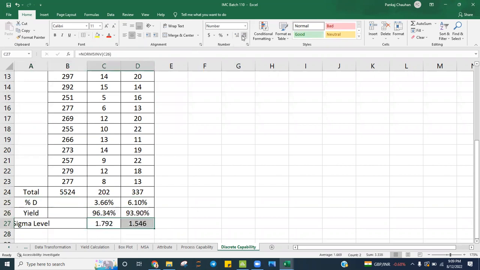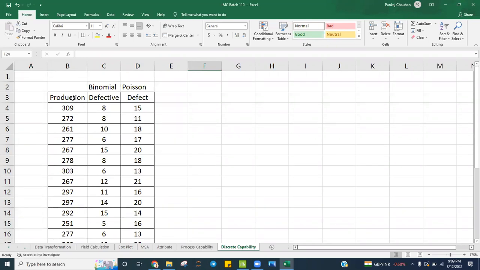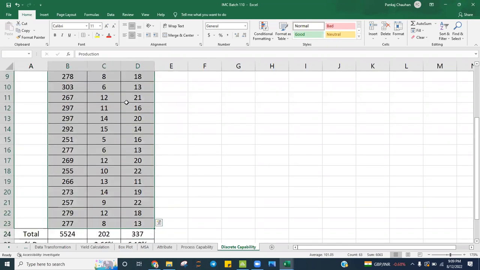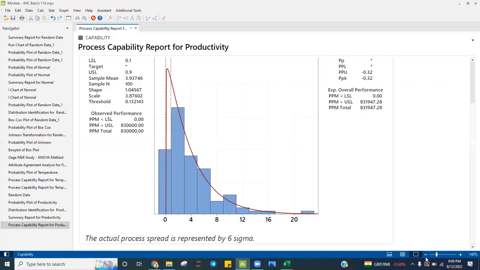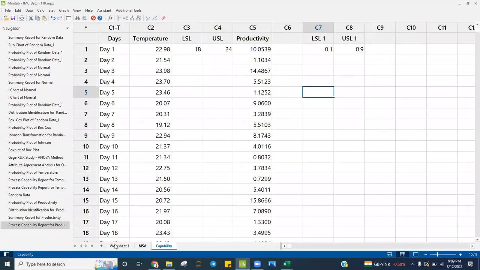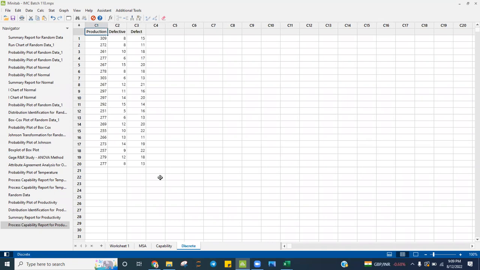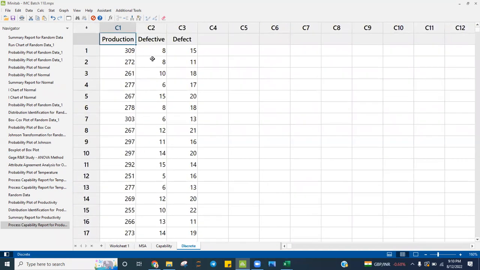How to calculate this in the Minitab? You will get exactly the same value, but in a graphical format. How? You just copy this data, production, defect, and the defective, into the Minitab. Here we go. This is your discrete capability. I paste this data. So you have the production and defective.